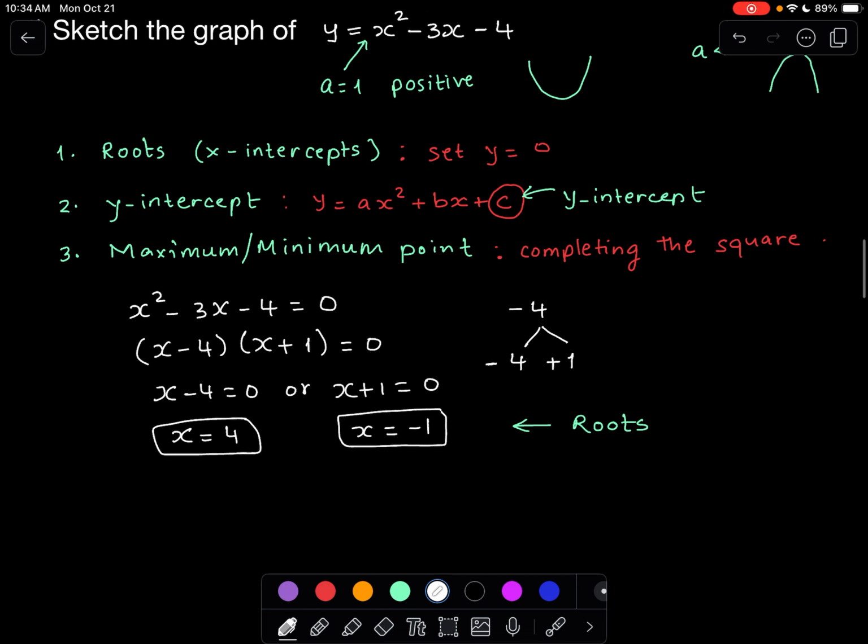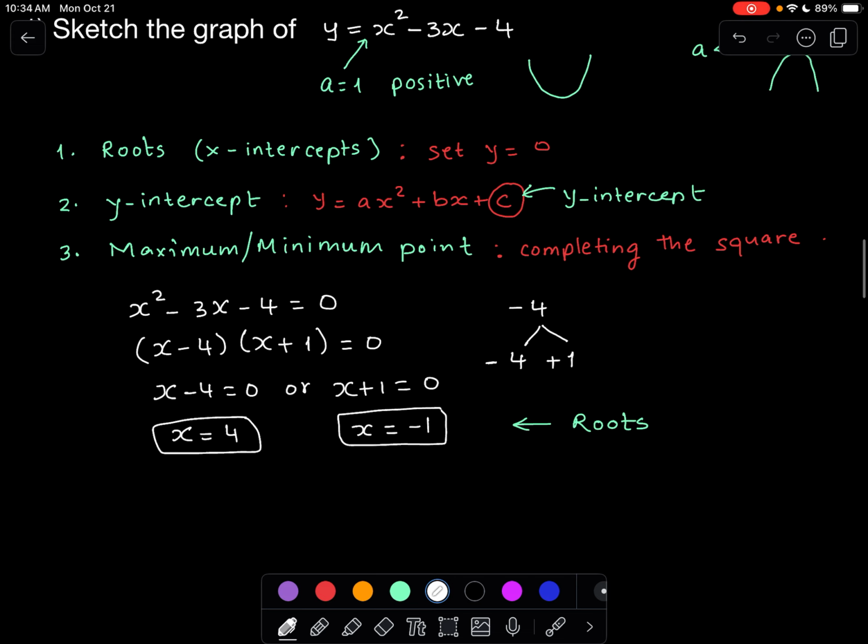The y-intercept you can identify from your equation itself. So the y-intercept is going to be (0, -4). I get this from the equation itself.